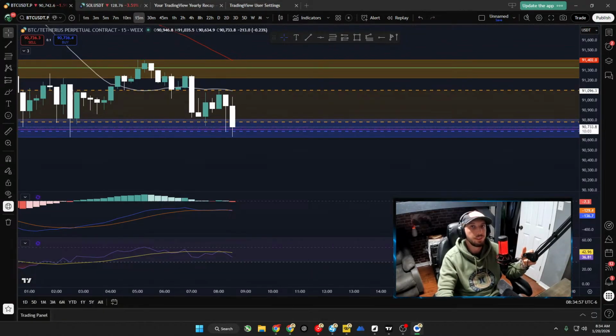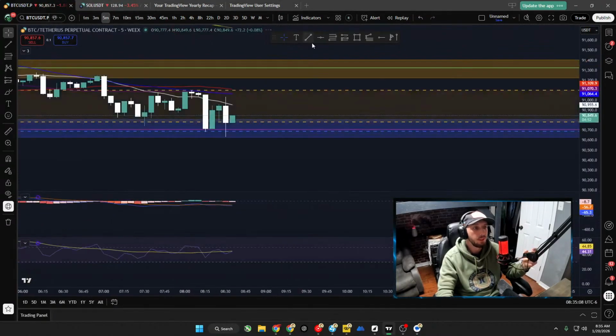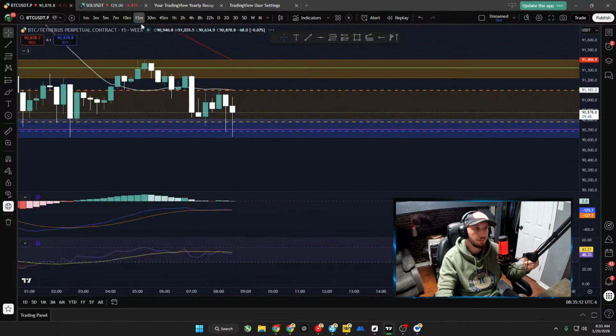Yeah, it's just not anything great. It is a possible short. We need the 15-minute closes and then the 5-minute retest before we jump in.